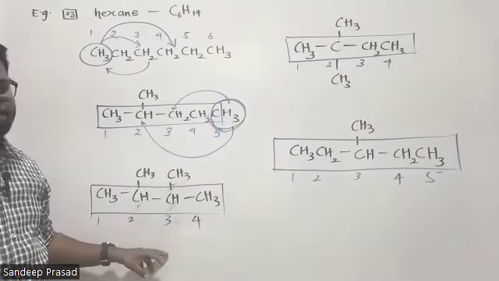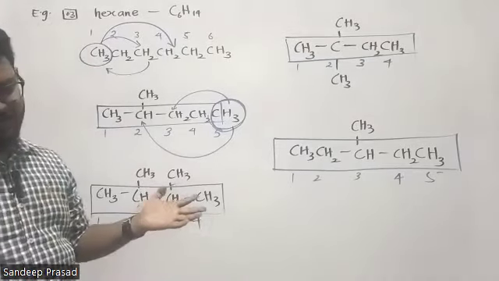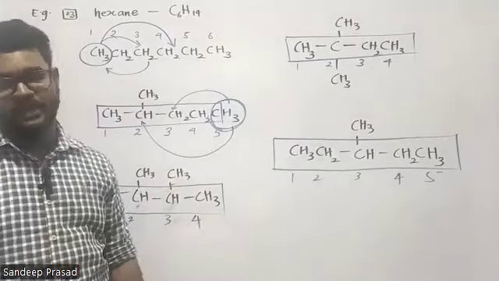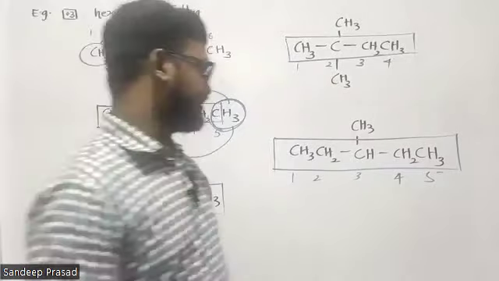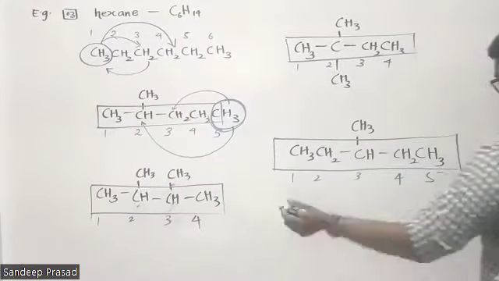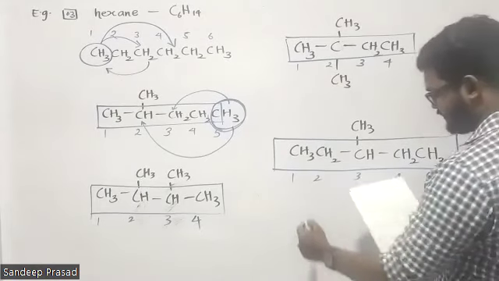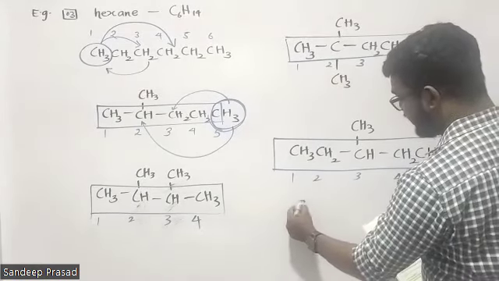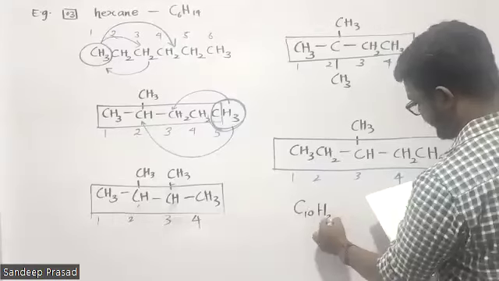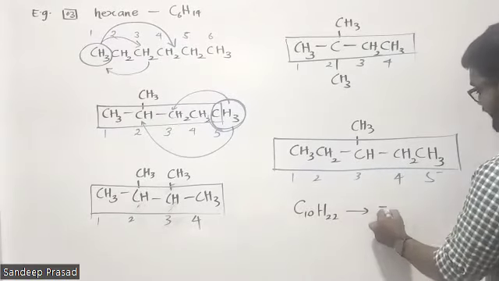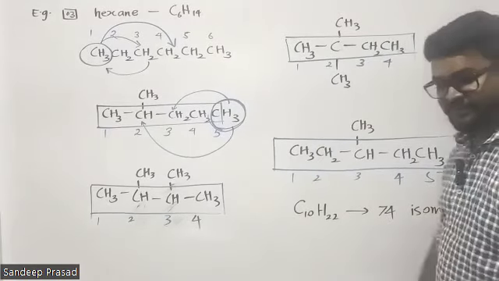I'm stopping at hexane, because if you go to heptane, again we have more than that. Remember, when the number of carbon atoms increases, isomers also increase. In the tutorial they have given, if there are 10 carbon atoms, the molecular formula is C10H22, and there are 74 structural isomers. Oh my God, 74.